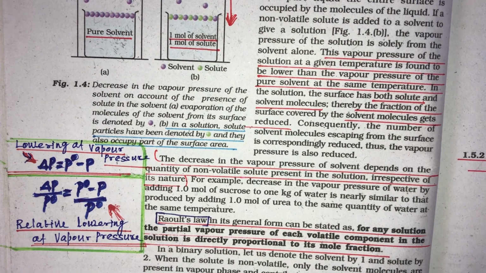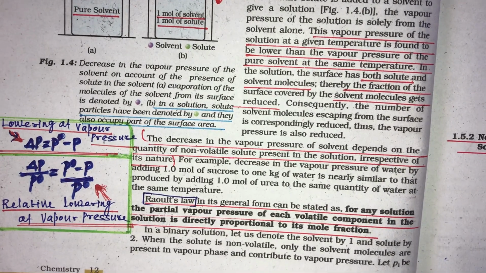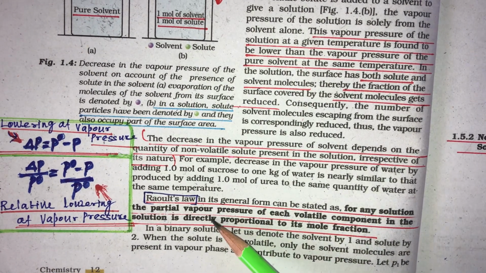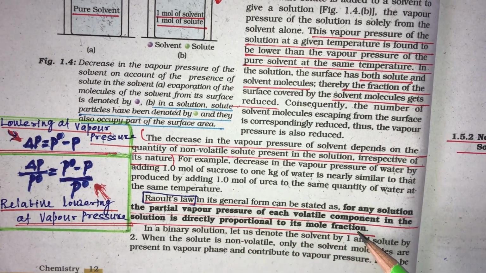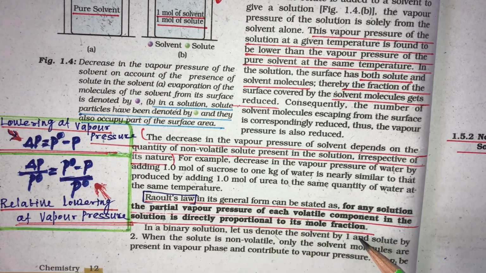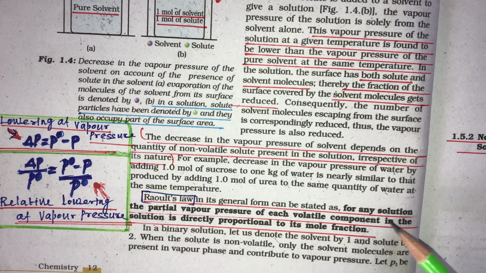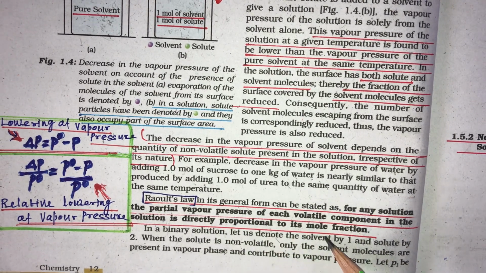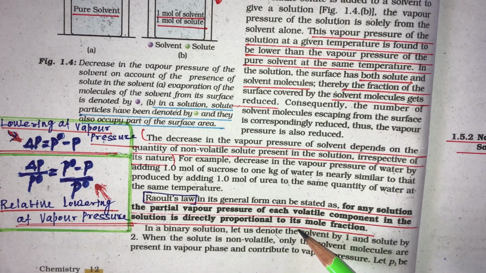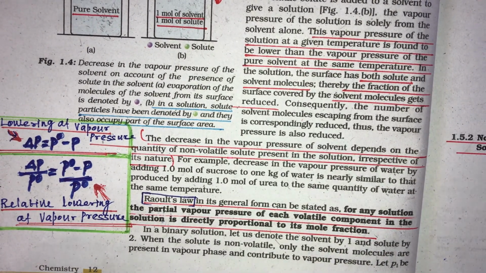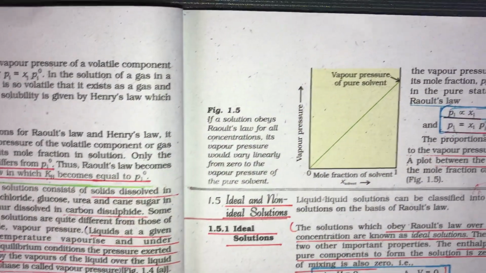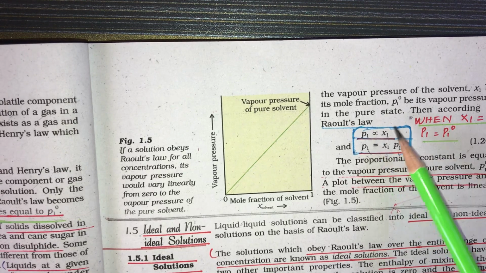Next, Raoult's law is defined. Raoult's law in general form can be stated as: for any solution, the partial vapor pressure of each volatile component in the solution is directly proportional to its mole fraction. So the vapor pressure against the mole fraction is related in Raoult's law.